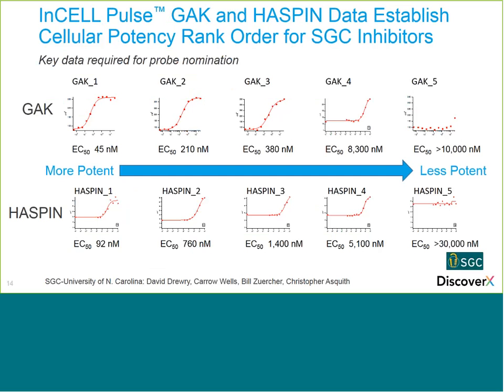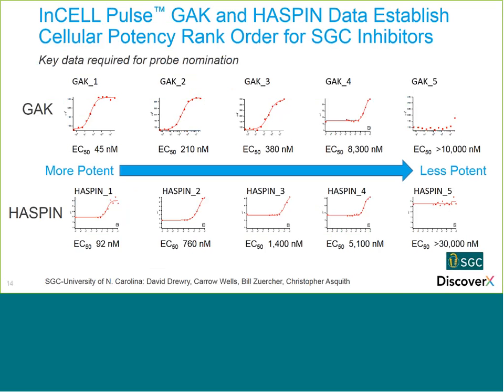Moving on to the case study where we've worked with the SGC closely, not only to screen their libraries in our biochemical format, but also to validate that some of their probe molecules have cellular activity. So we've worked with them on 2 understudied kinases, GAC, which I've told you is a common off-target hit for multiple kinase inhibitors.